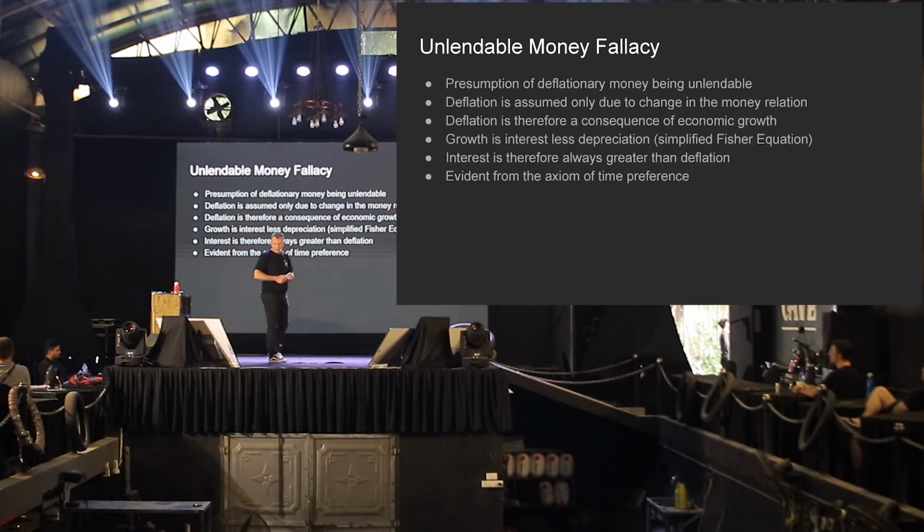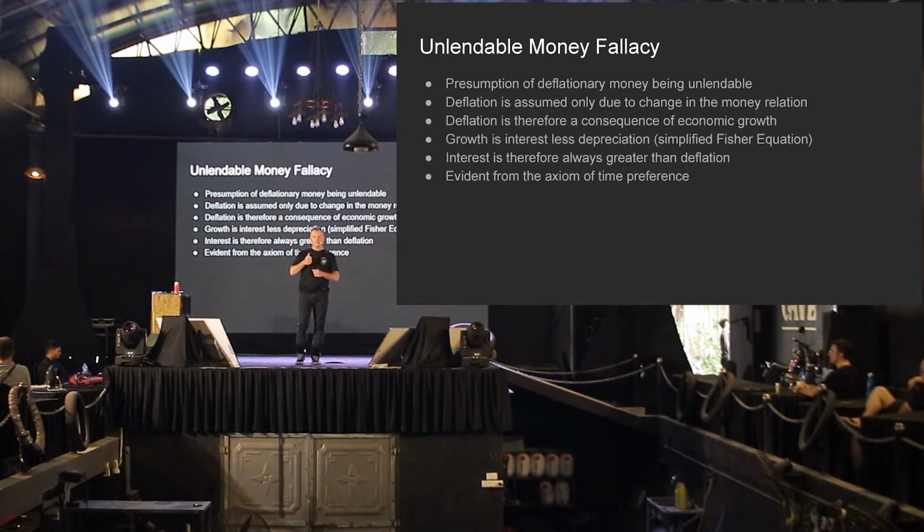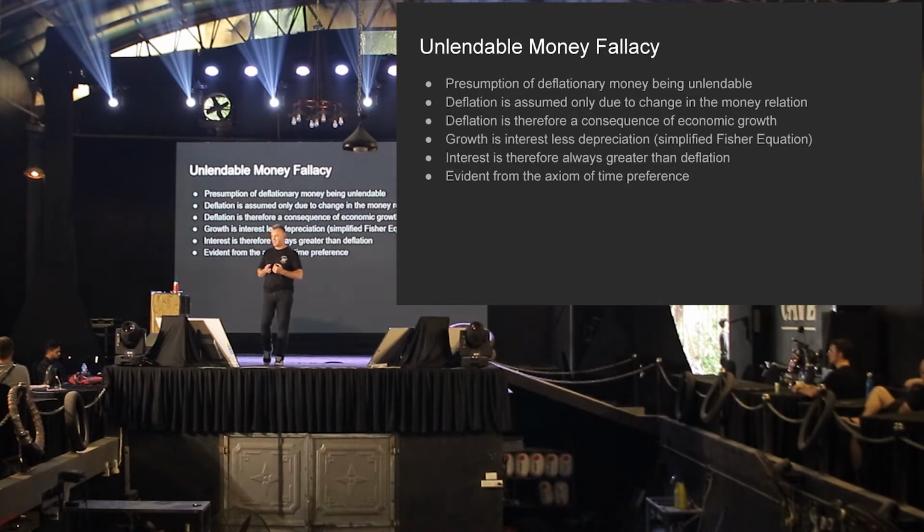Growth is generally positive because then interest is therefore always greater than inflation. I'm not going to go into the Fisher equation one more time. So if it's growth that's driving up the purchasing power of a fixed supply money, there's always a delta between them, which means there's always interest to be made by lending it, right?